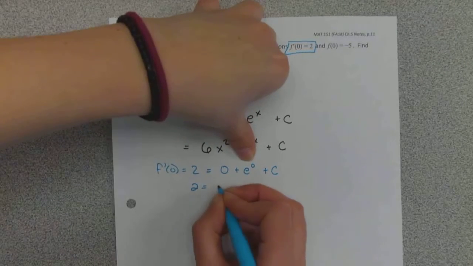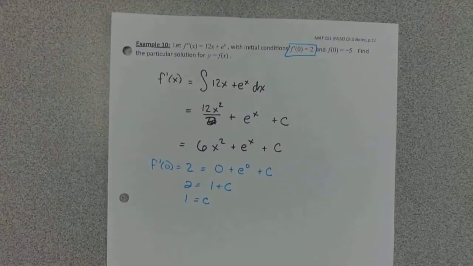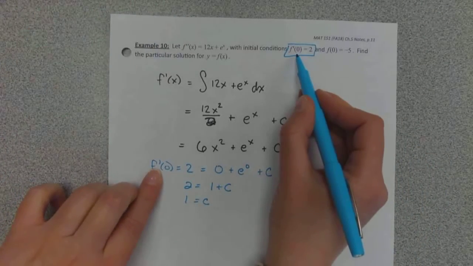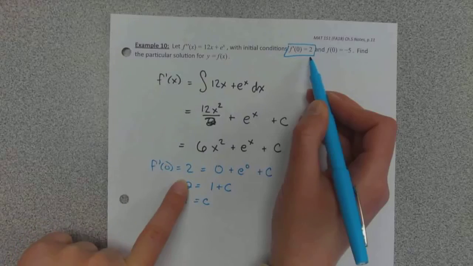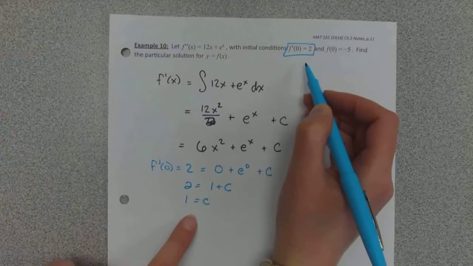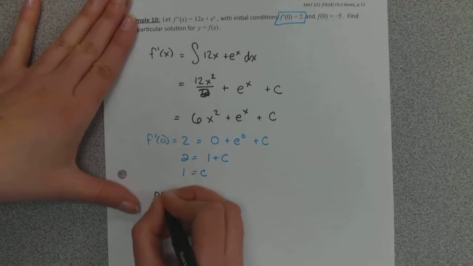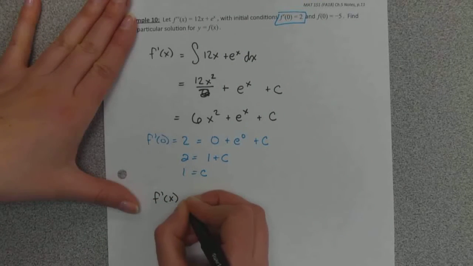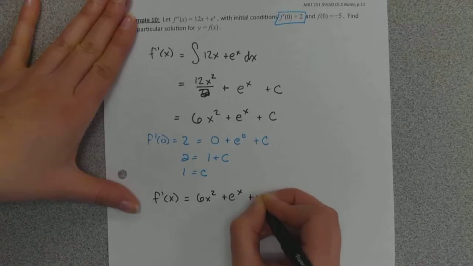So now I have 2 equals 1 plus c. So I get 1 for c, right? So if I solve for the c value, it's going to be 1. Okay. So now I can change f prime to 6x squared plus e to the x plus 1.